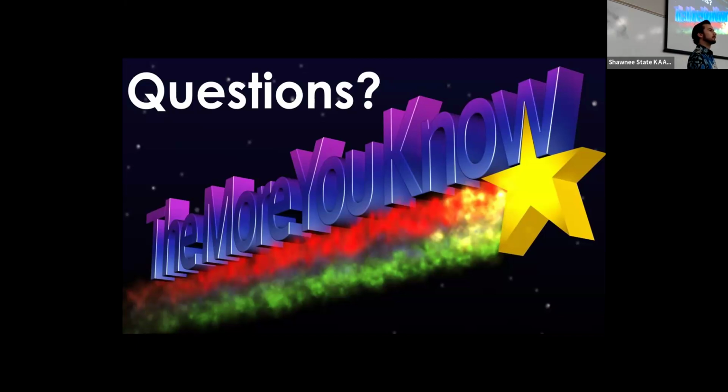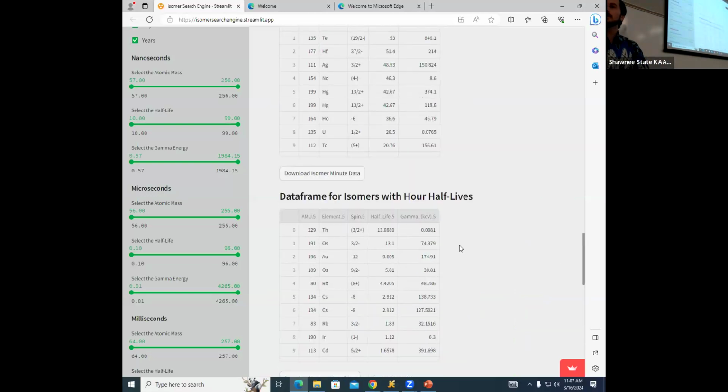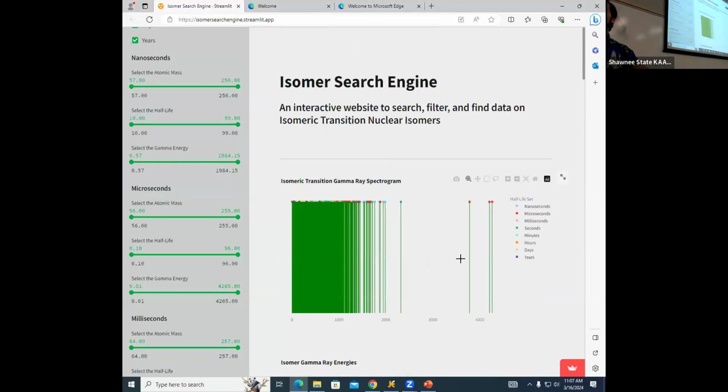So the Streamlit app, it's a website? Yeah, we can look at that. Streamlit is a website host. I use the Streamlit package in Python and it makes a localhost website, just like you would with HTML.